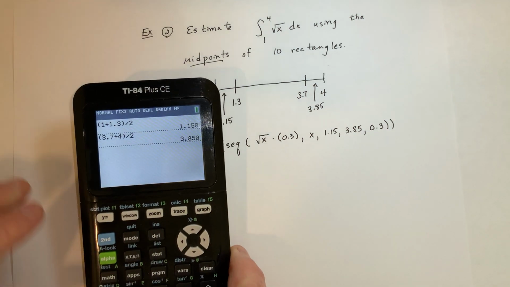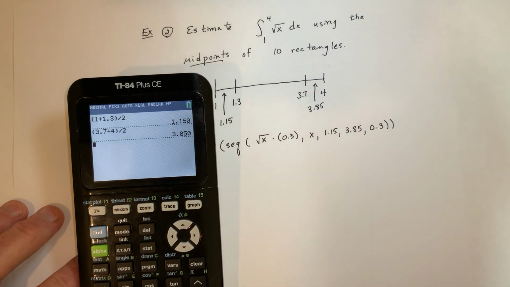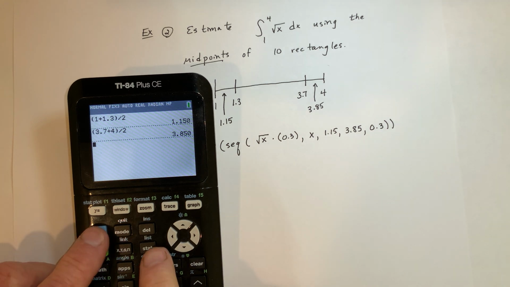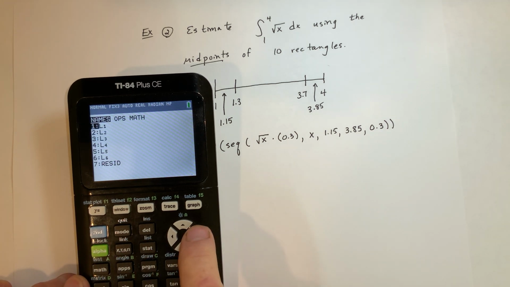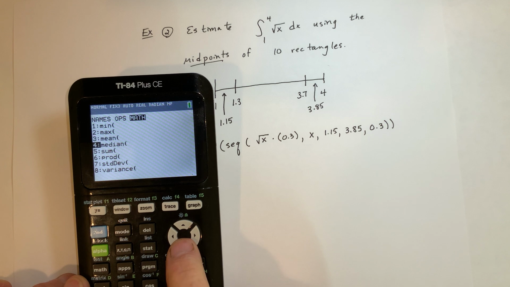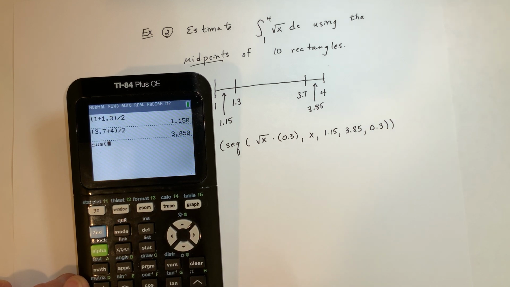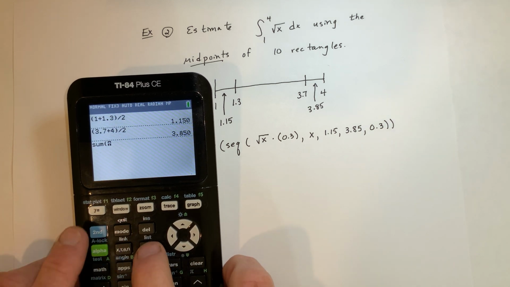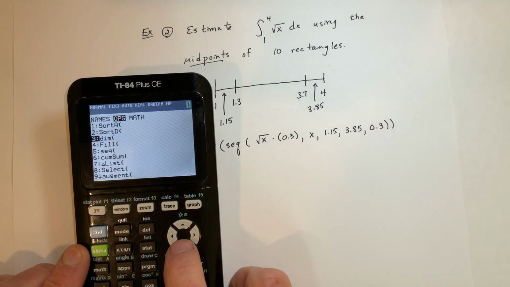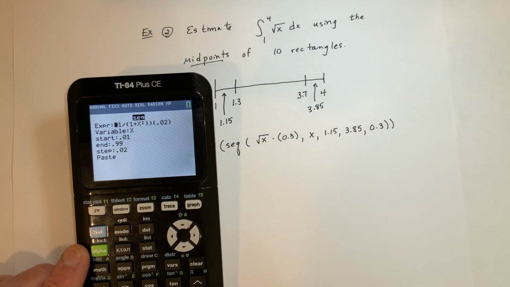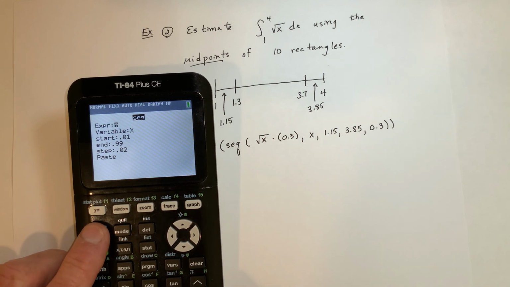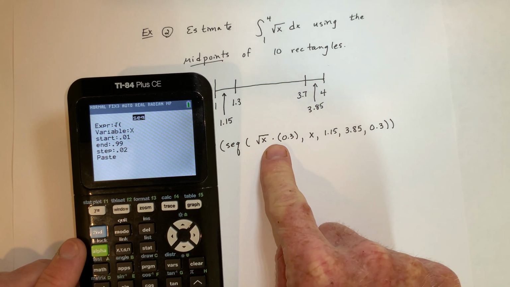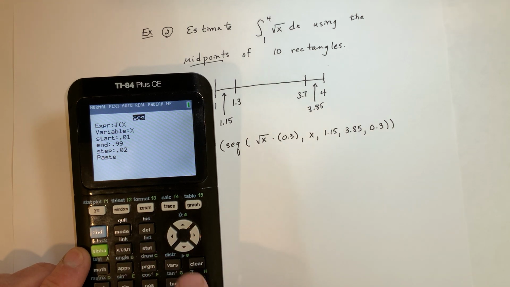So then, using the calculator, you go to second list, move over to math, and number 5 is the sum. And then second list, go over to operations, and number 5 is the sequence. So I have an old problem left over, and let me just erase that. So the expression is this part right here, the square root of x times 0.3.